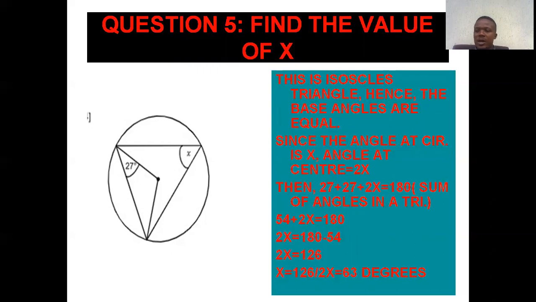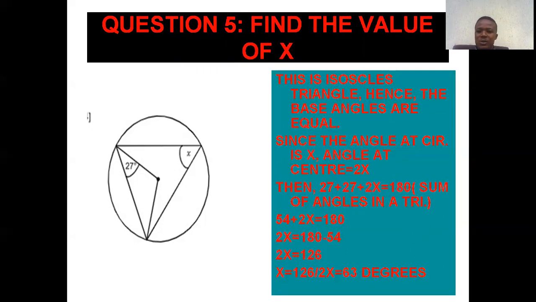And whenever you witness an isosceles triangle, it implies that the base angles must be equal. Therefore, the other base angle of that isosceles triangle will still be 27 degrees. Hence, if I want to get the angle at the center now, I will double the angle at the circumference, which is x, to get 2x as the angle at the center.